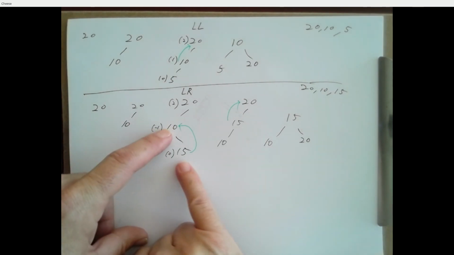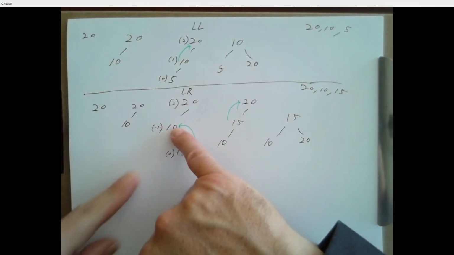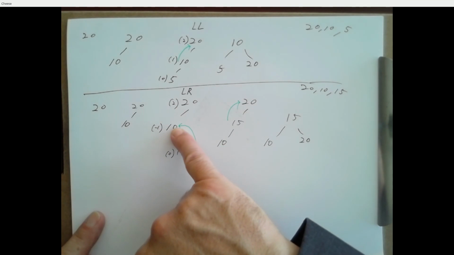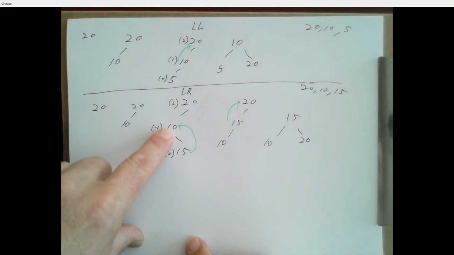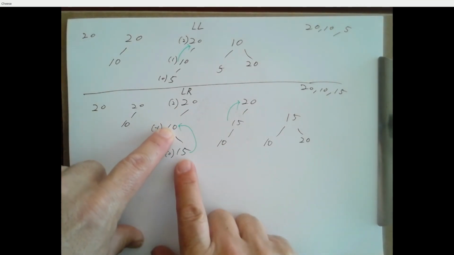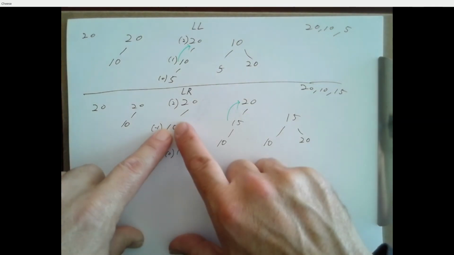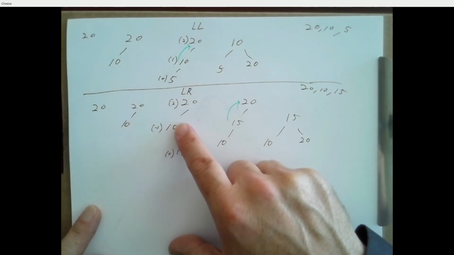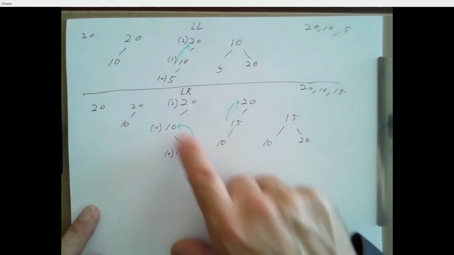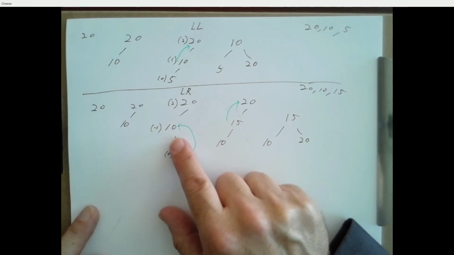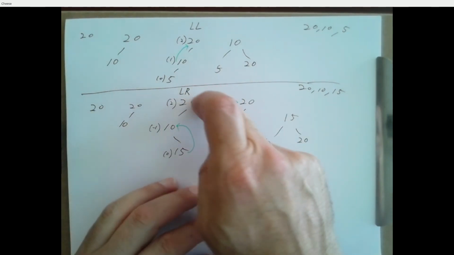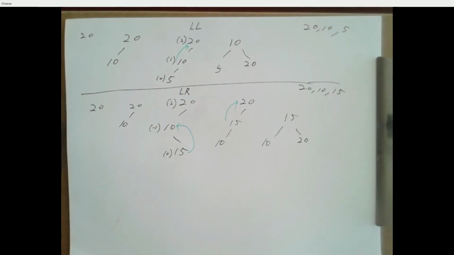By moving this 15 up to the root, but then bringing 10 to its left, 10 will still come before 15, right? Whatever the root value is should come before the right child. So if we put the right child up at the root and drop the root down to the left, it still comes before the new root. And since all of those were to the left of this original root, they're still going to come before that.